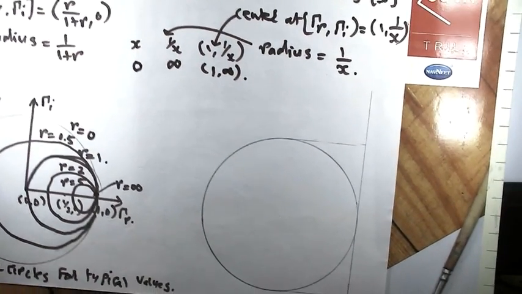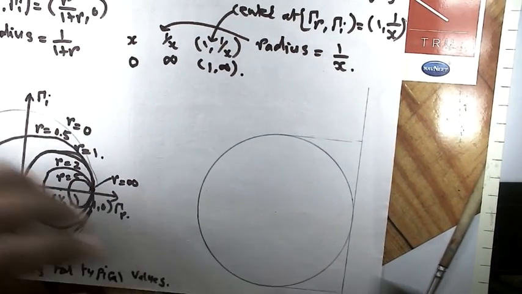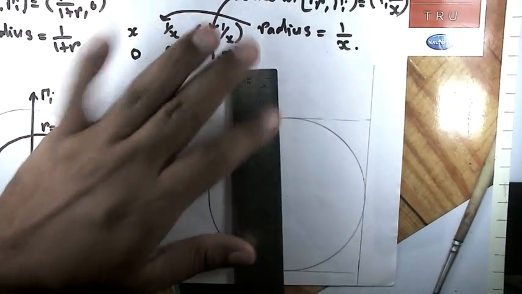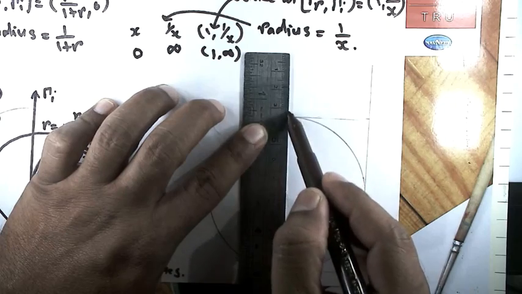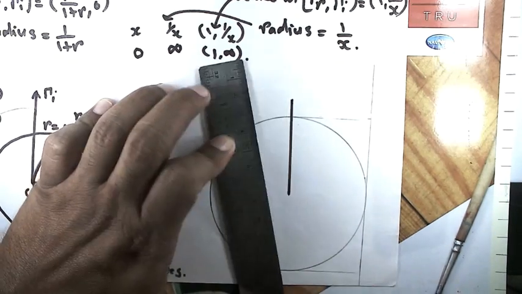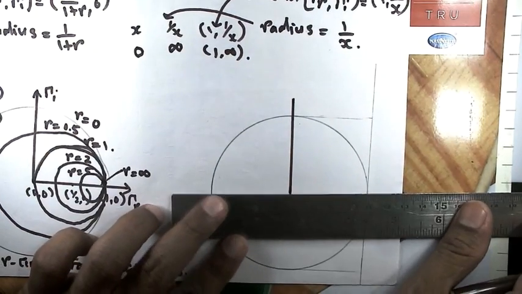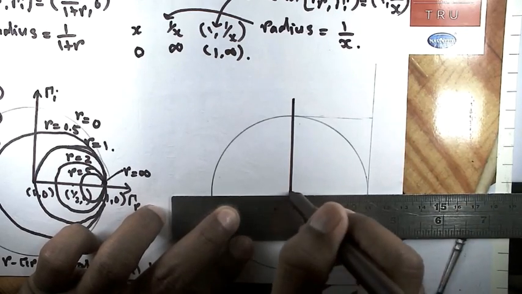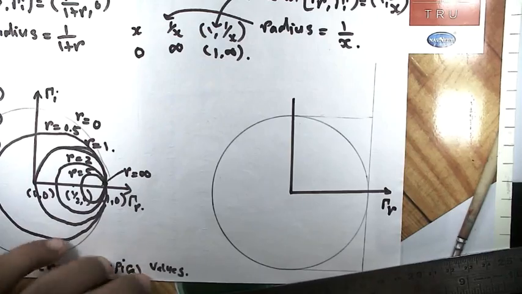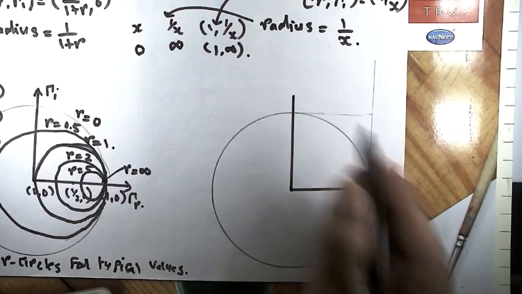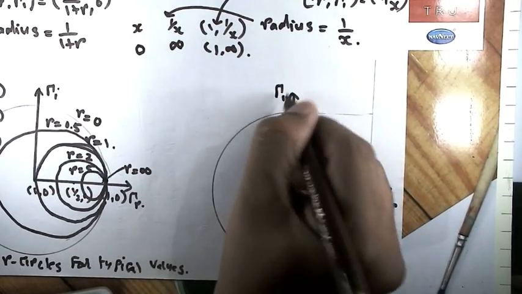Let us once again draw the real and imaginary part axes for these x circles first. This one is the real part axis, and this one is the imaginary part axis.